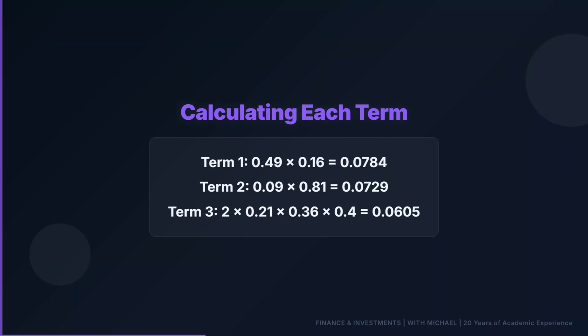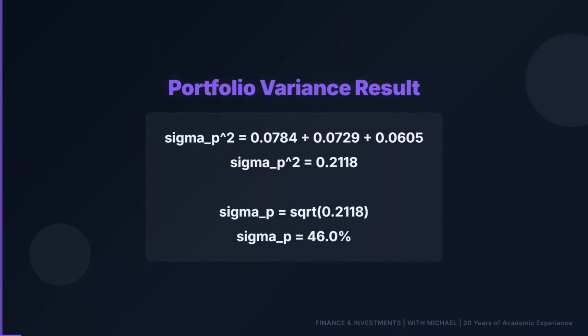Another way to show this equation, which you learned in the lesson with Beigel: sigma squared of P is equal to XA squared times sigma squared of A, which is the variance, plus XB squared times sigma squared of B, plus 2 times XA times XB times the covariance.